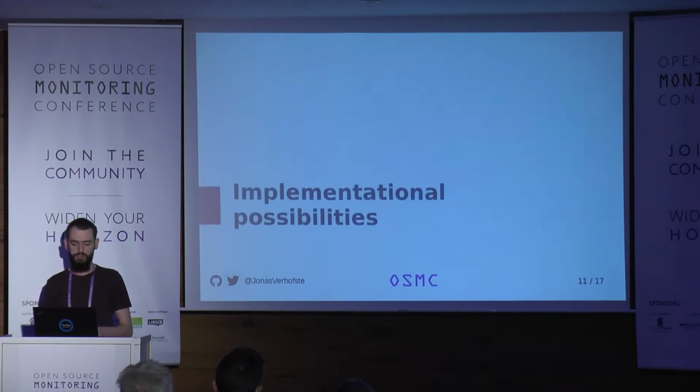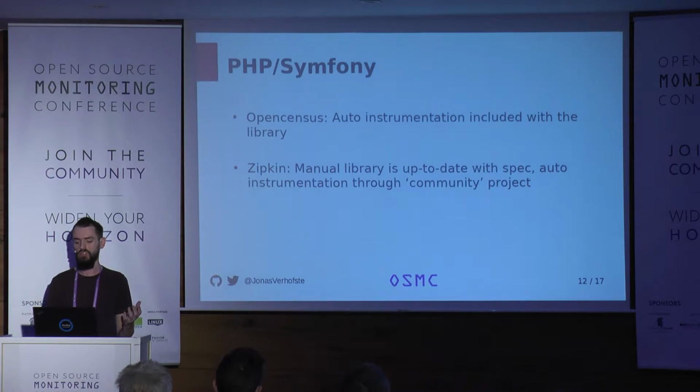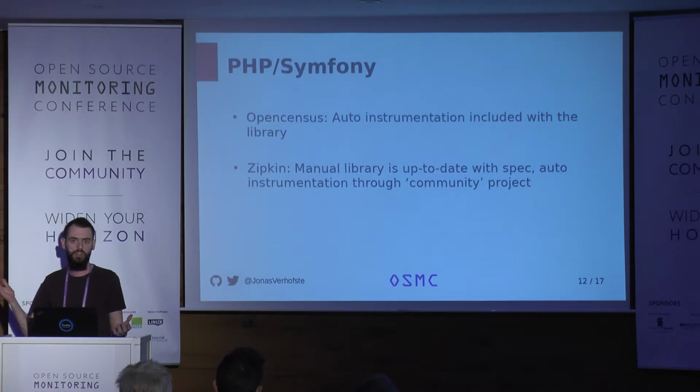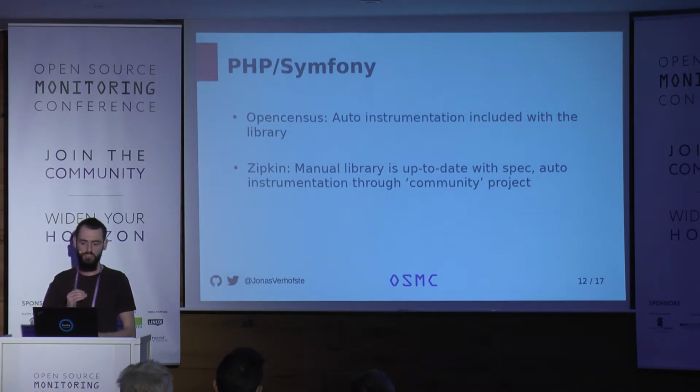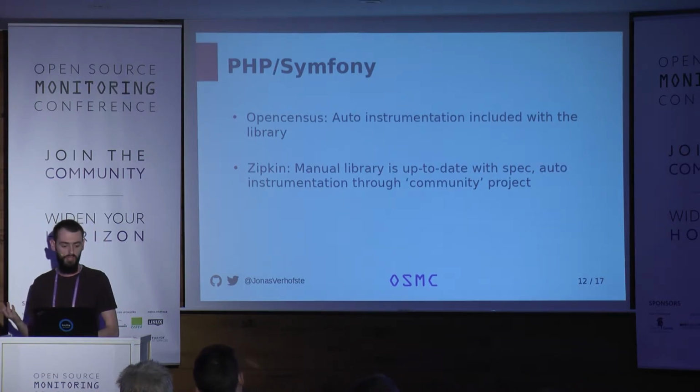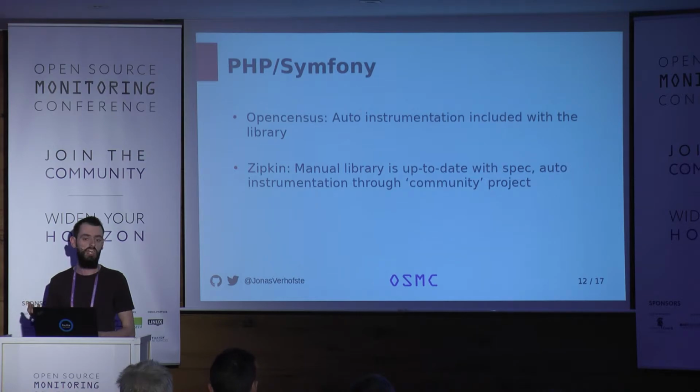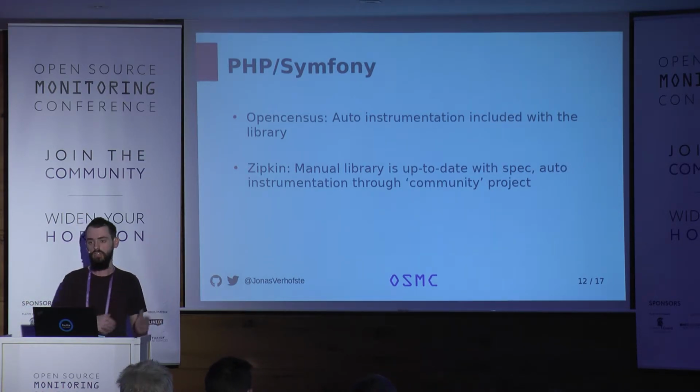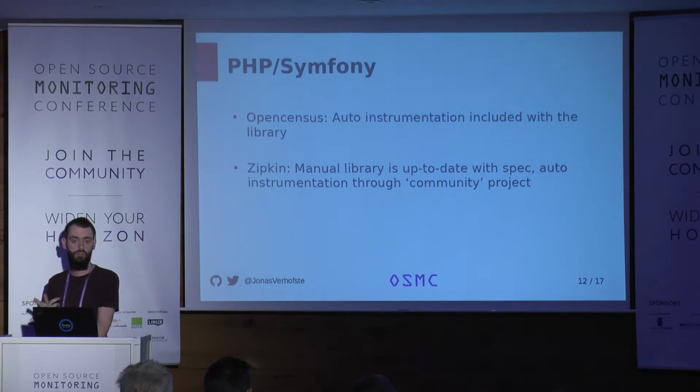So then we looked at the implementation possibilities for dependency injection, for PHP and Symfony. That was OpenCensus and Zipkin. Jaeger or OpenTracing, for that matter, didn't have any real PHP support, let alone automated instrumentation for Symfony. OpenCensus actually has it all in one. It has PHP as a library, and then it has Symfony and Laravel as framework integrations.